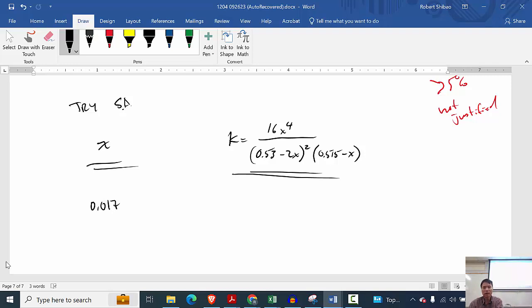And then I'm going to divide it by parentheses 0.515 minus 0.017. And the K comes out to 6.817 times 10 to the negative 7. This is too small.